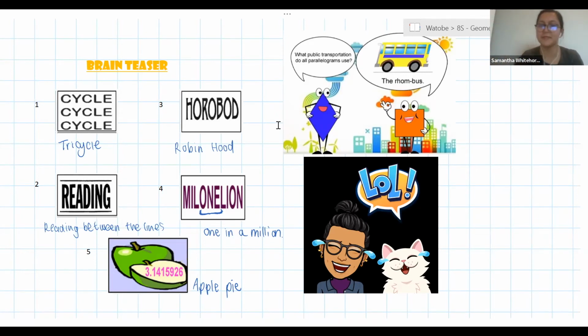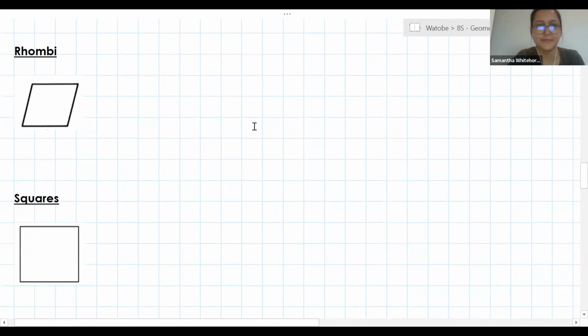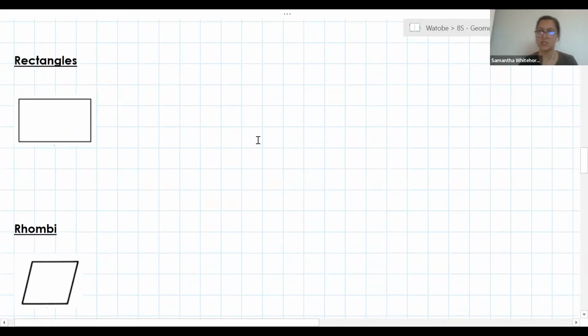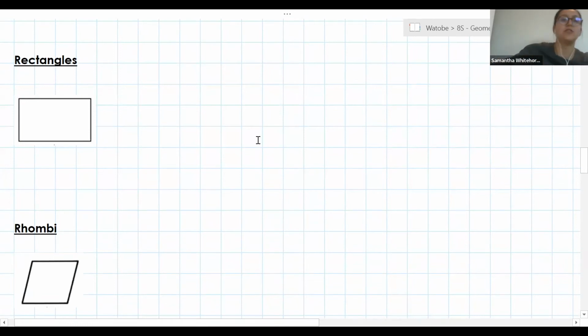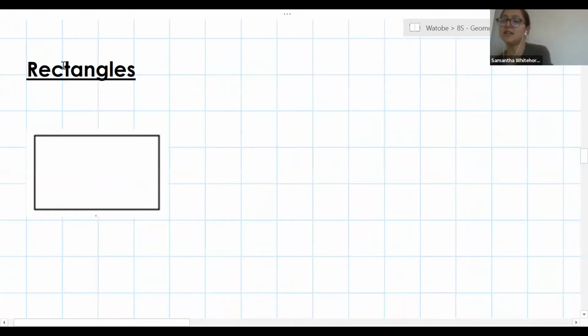Okay, right. Let us do some maths. We've become distracted. So we spoke about parallelograms. Let us chat now about rectangles. If anyone has anything that they can tell me about a rectangle, pop your hand up, pop it in the chat.